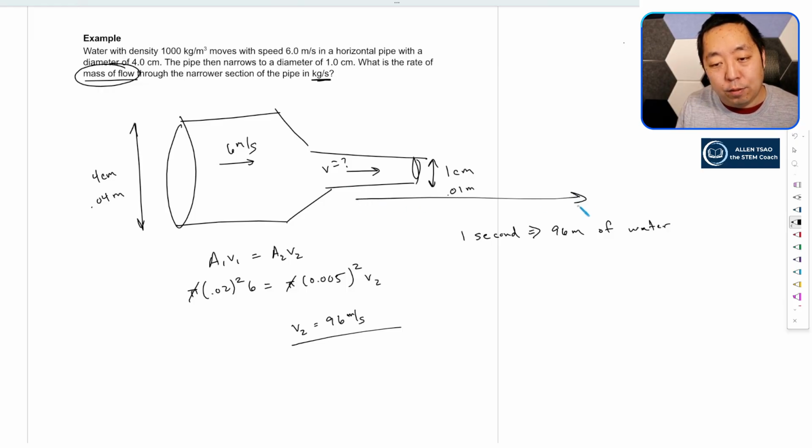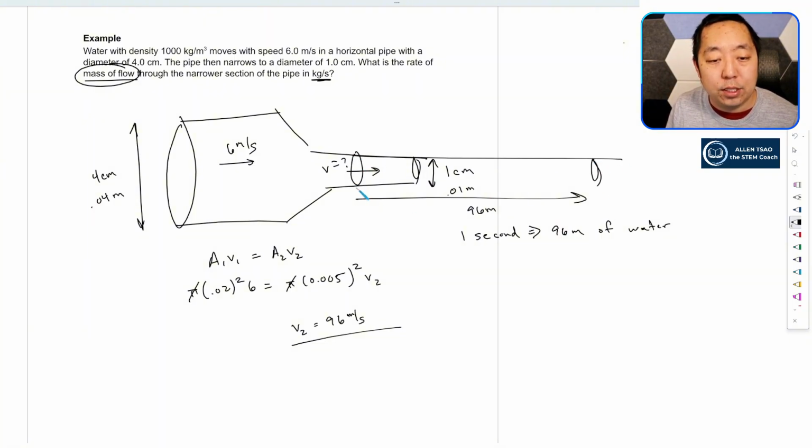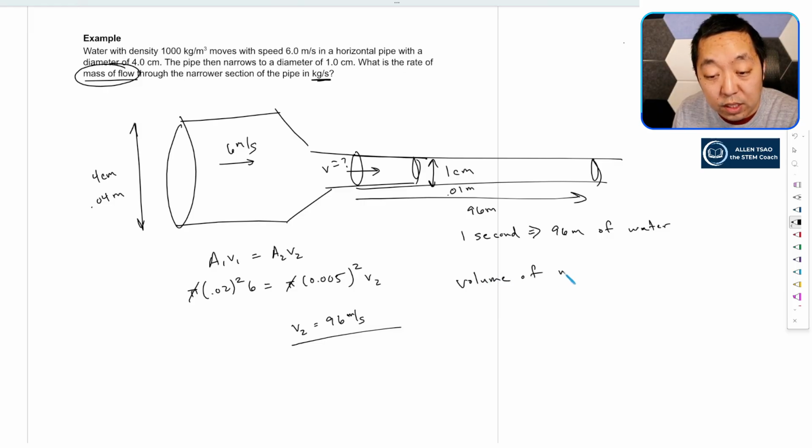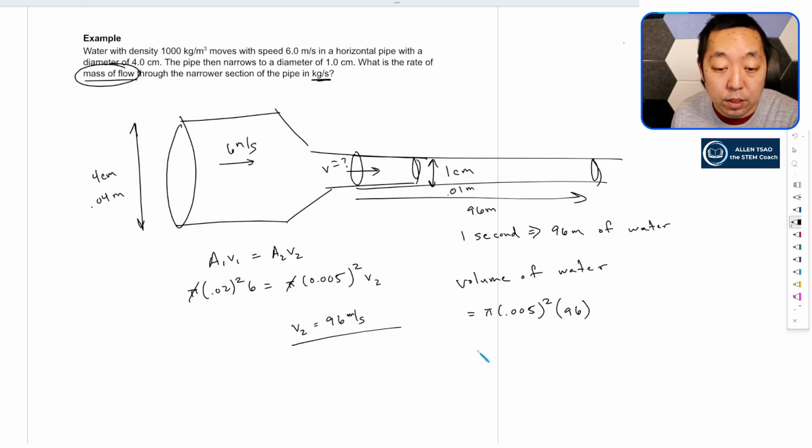The length of water in the air is 96 meters. And that's going to be a kind of volume, right? It's going to be a cylinder. So the volume of water in that 1 second is going to equal the volume of that cylinder. So it's going to be pi times 0.005 squared times how far, times that 96 meters, right? So that will be the volume of water.